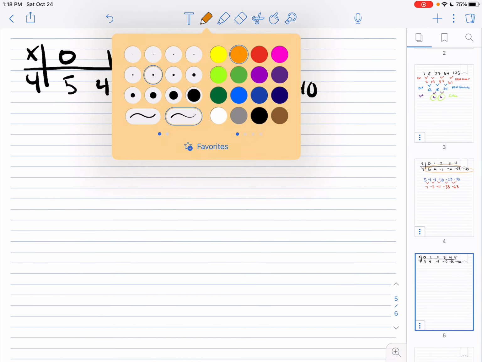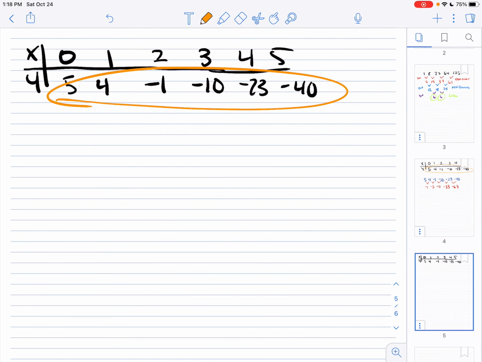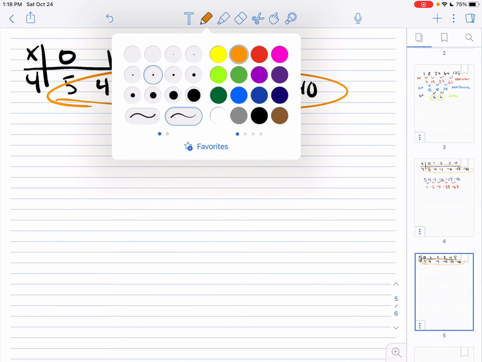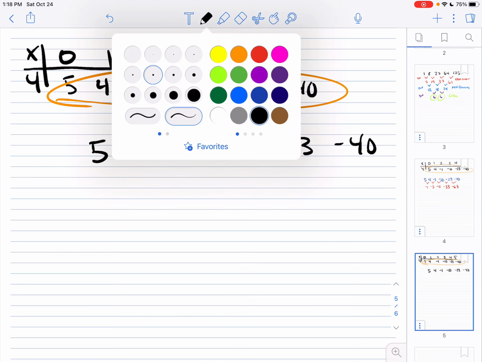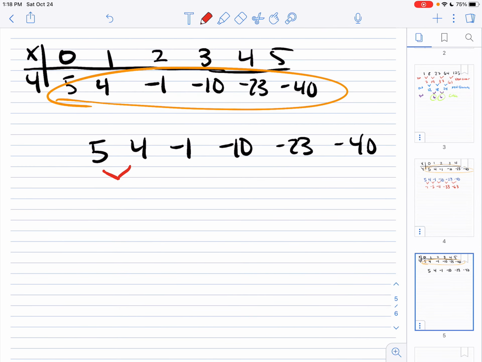Just like we did before, we're going to look at the y row, list our numbers in a sequence, and take our first difference, checking to see if it's linear.